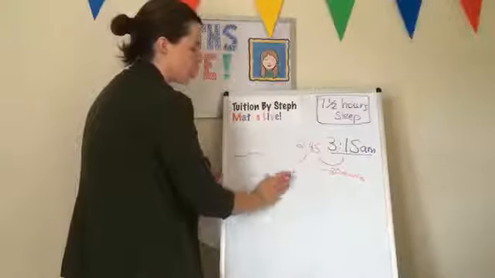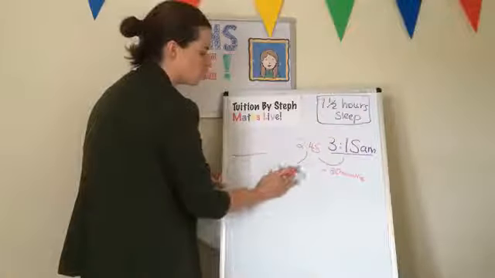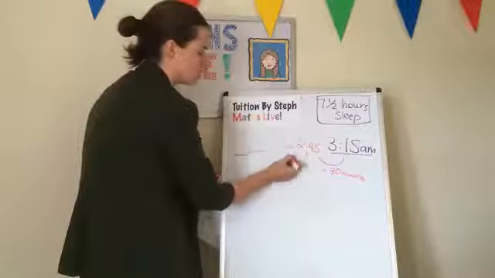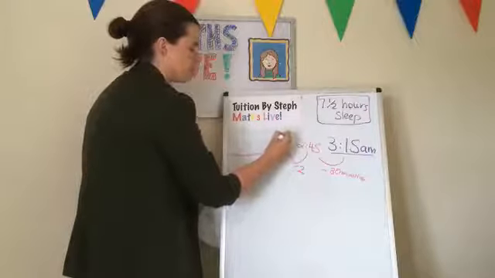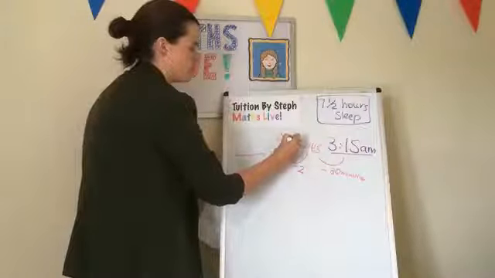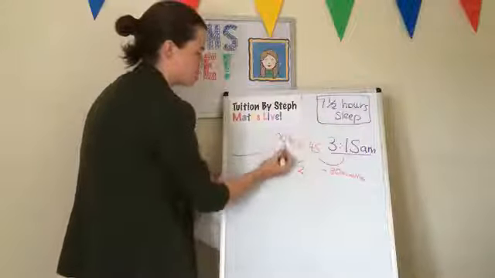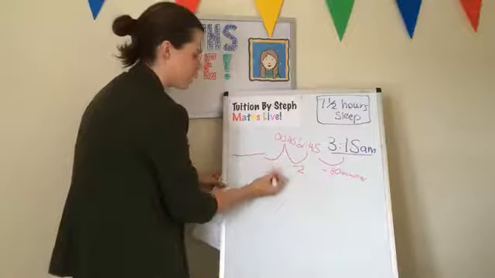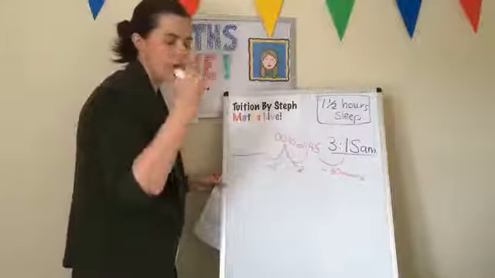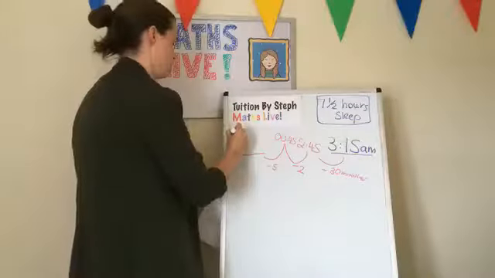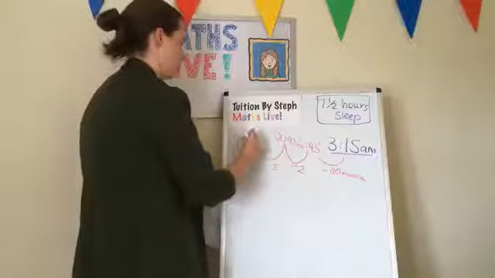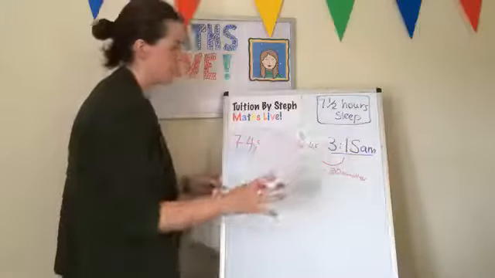So if I subtract 2 hours, okay, that takes me to midnight. Now I need to subtract another 5 hours, so that'll be 11, 10, 9, 8, 7. So it'll be 7:45. I'll explain that again.